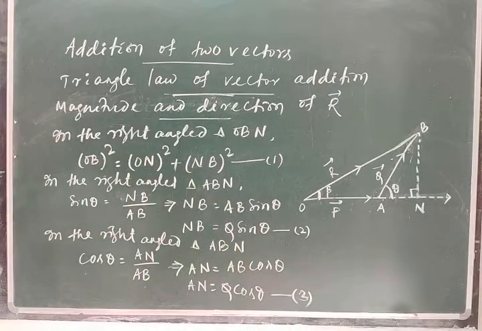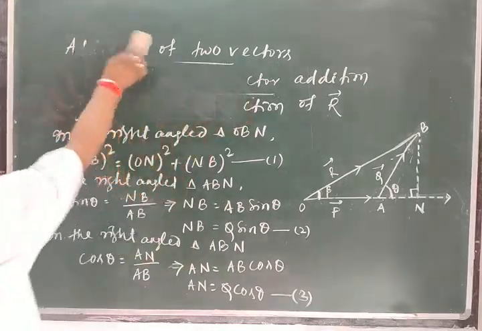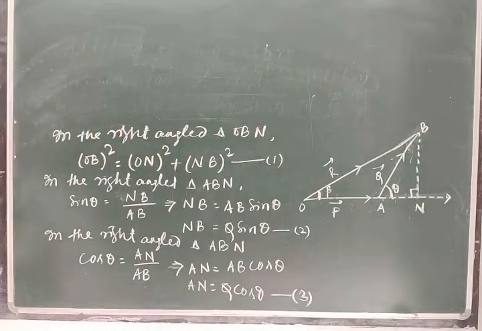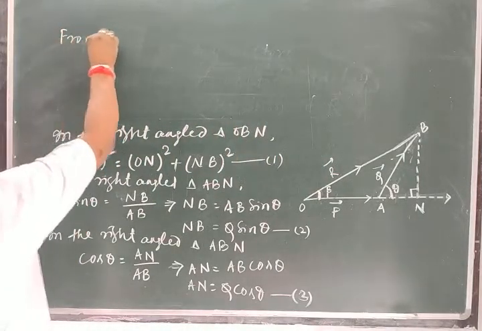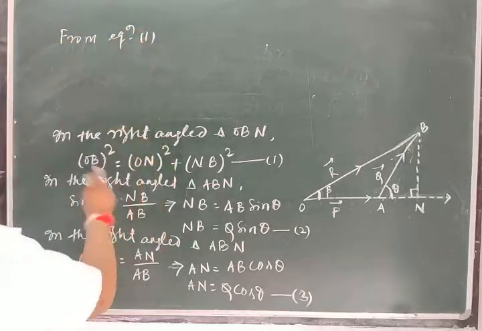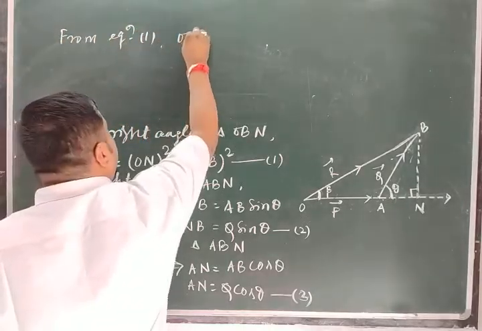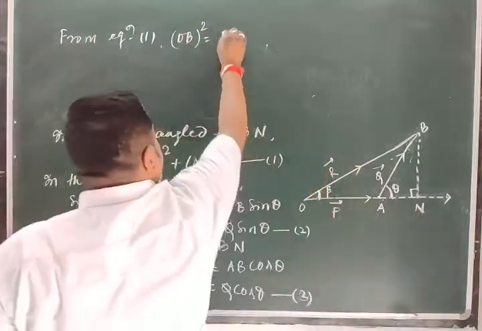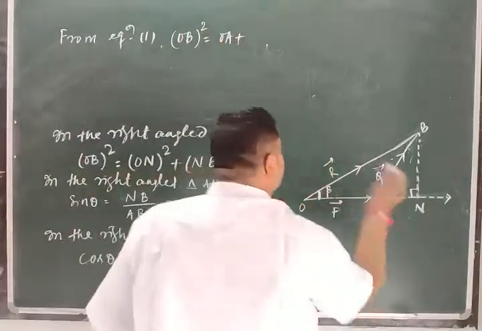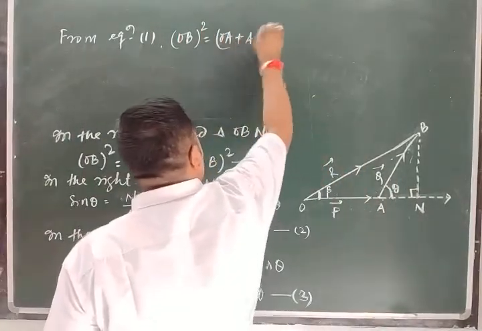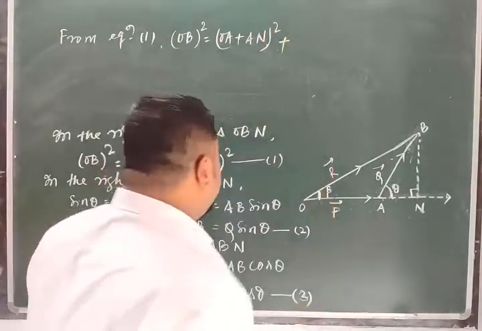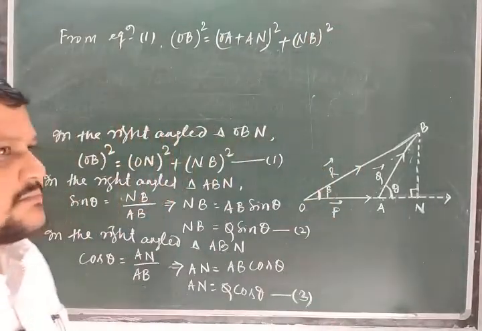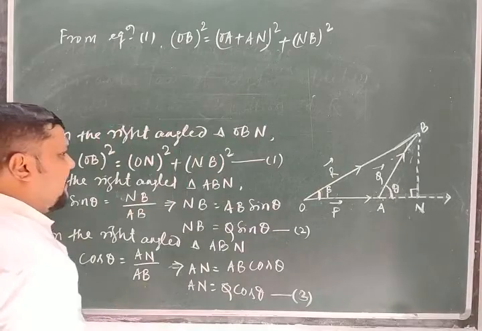Now go to equation number 1. Let me erase this one. From equation 1, let me write again. OB square is equal to ON, and ON can be written as OA plus AN, whole square, plus NB square. Now we put here, what is this OB?